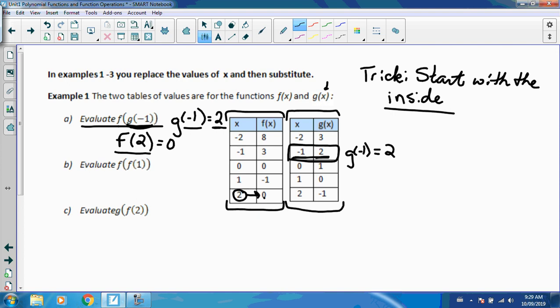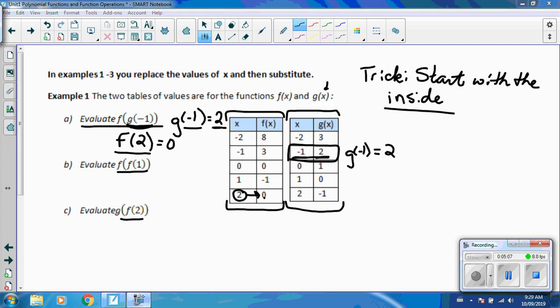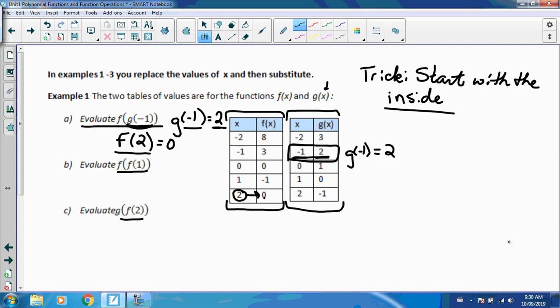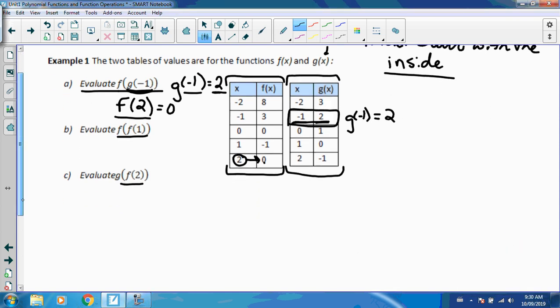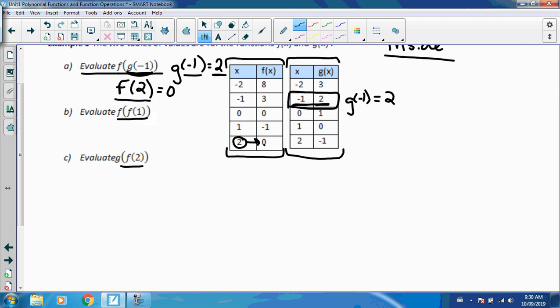So this might be a good point to pause the video and try these two. Start with the inside, find the value, and then put it in just like I did. Okay, so hopefully you saw that we start with the inside, which is f of 1. What is the f of 1?